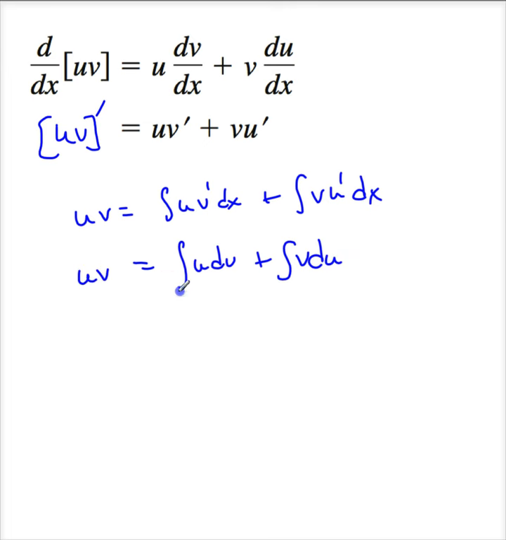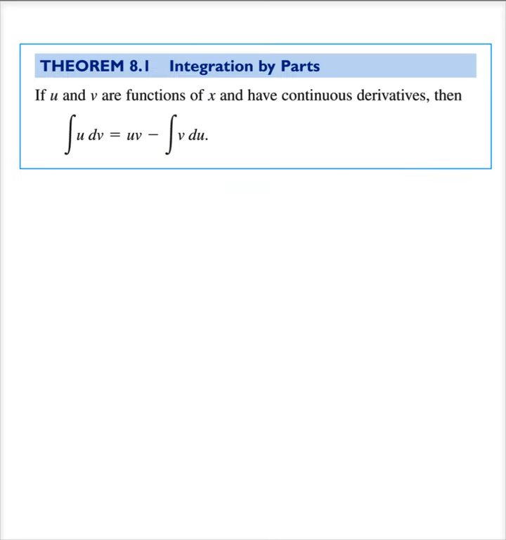Now in general, you've got just an integral of a u dv. So let me solve this. If I want to integrate u dv, that's going to be u times v minus the integral of v du. And as a matter of fact, this is what we call integration by parts.